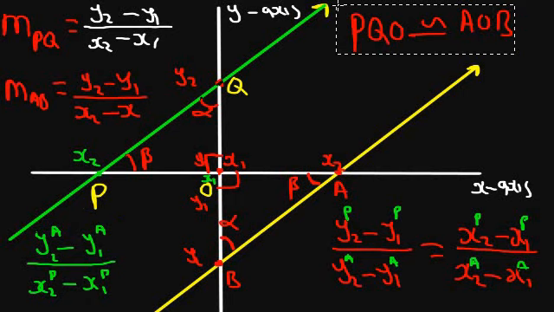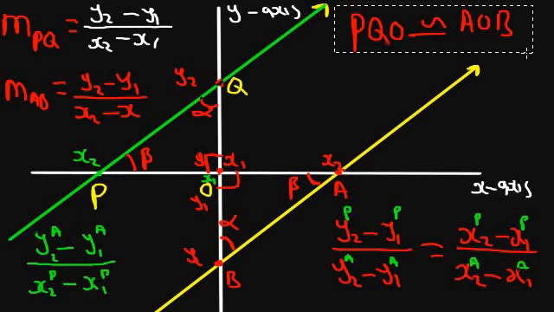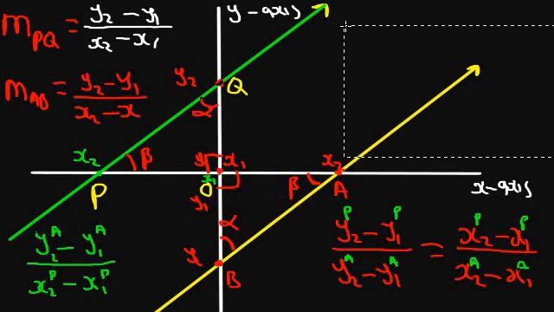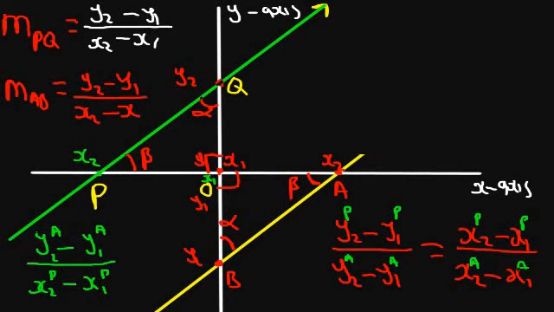Okay, so let me get rid of this anyway. We don't really need this, so let me remove that. Now we have y2 raised to p minus y1 raised to p divided by y2 raised to a minus y1 raised to a.